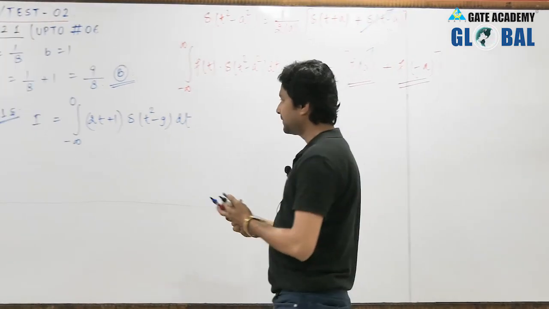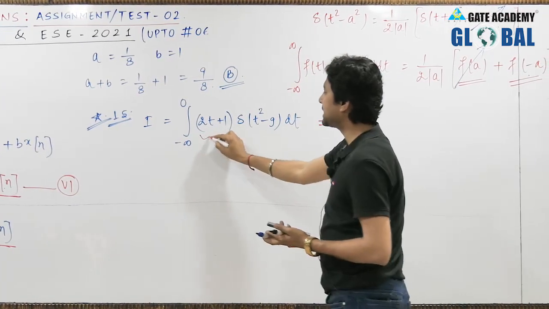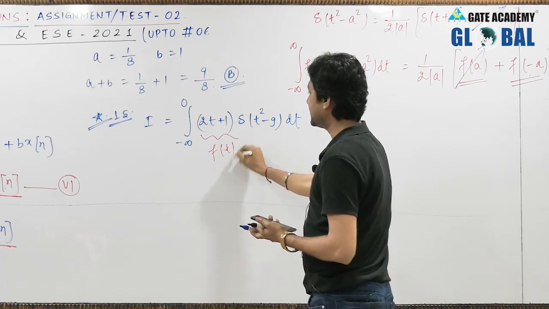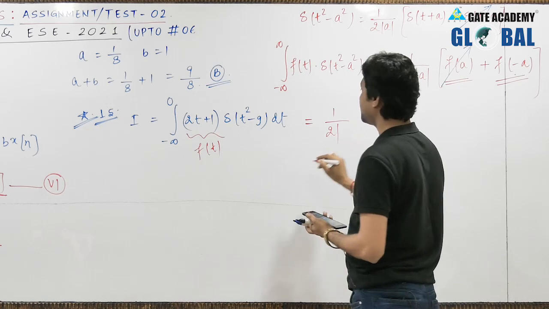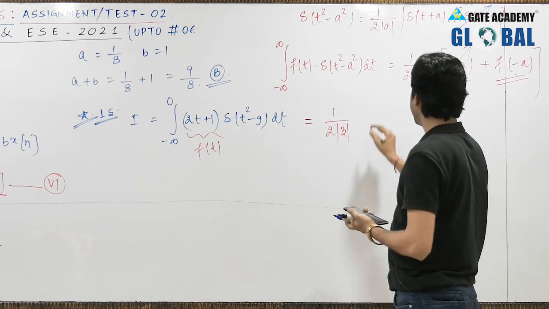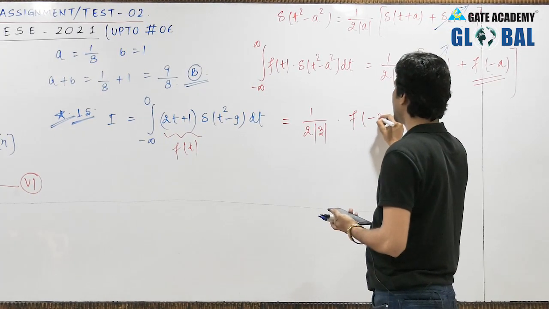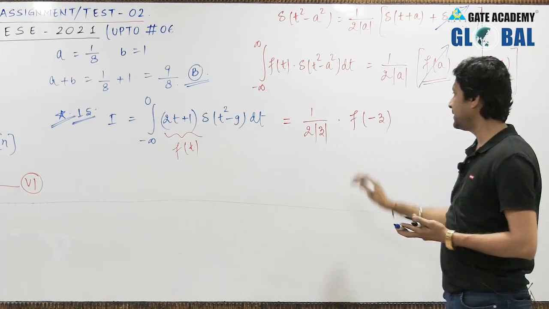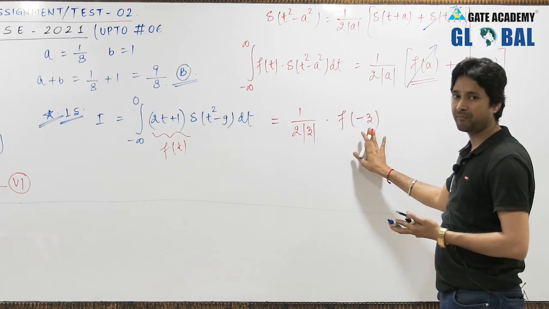So the value of this integral, with our function f of t, is equal to 1 upon 2 times mod of a, and a has the value 3. So 1 upon 2 times mod of a into f of minus a only, and minus a is what? Minus 3 only. So we have to find the value of this function f of t at t equals minus 3.